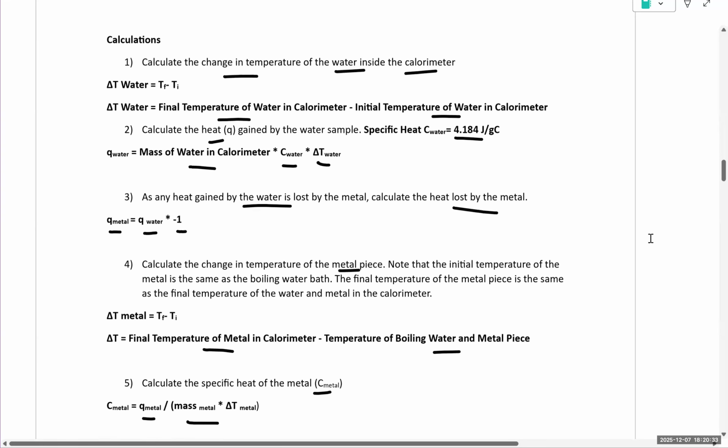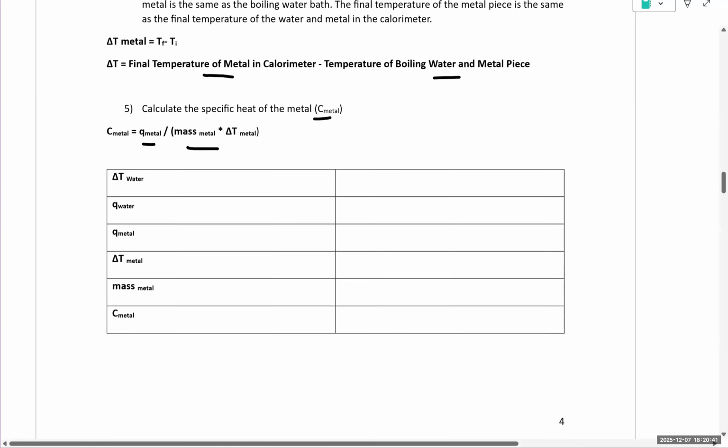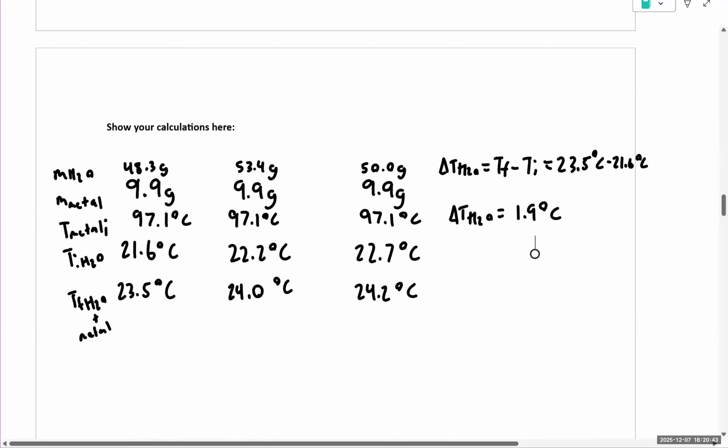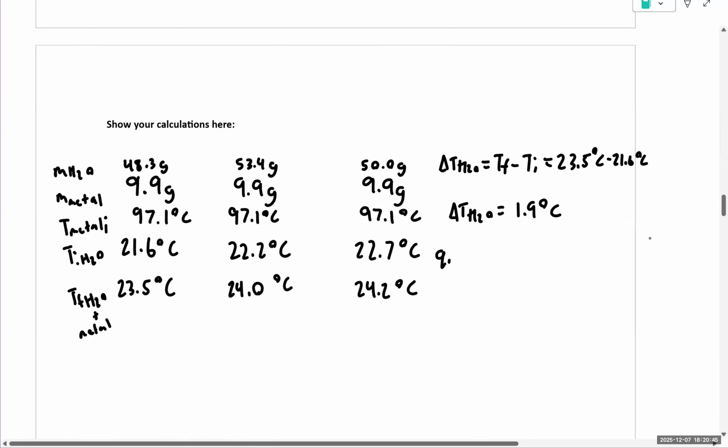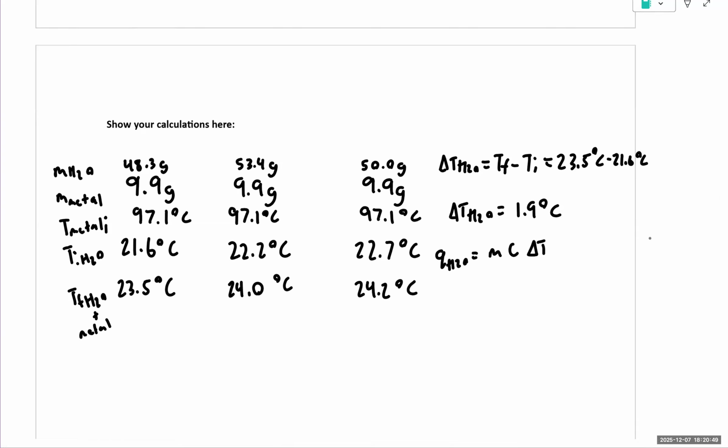Next, we're going to calculate the heat gained by the water by taking the mass of water times the specific heat times the change in temperature. Q water is equal to mc delta T. In other words, Q water is equal to the mass of water, which is 48.3 grams, times 4.184 joule per gram degrees Celsius.